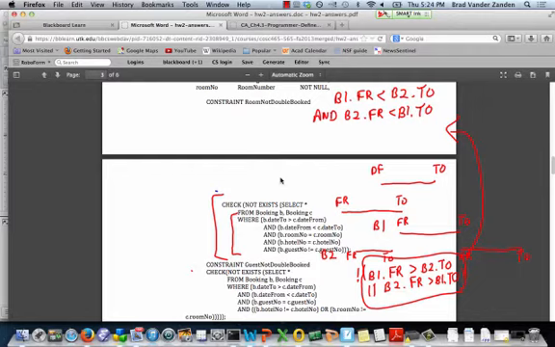Yes, that's these two conditions right here. I know I labeled them B and C rather than B1 and B2, but those are those conditions.